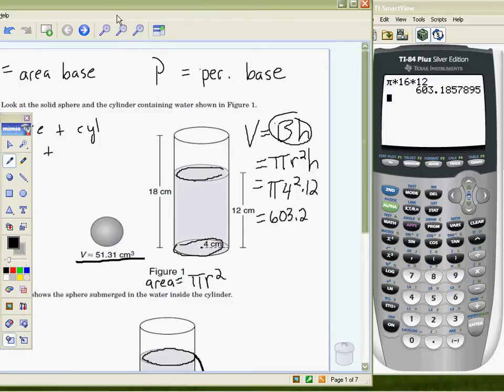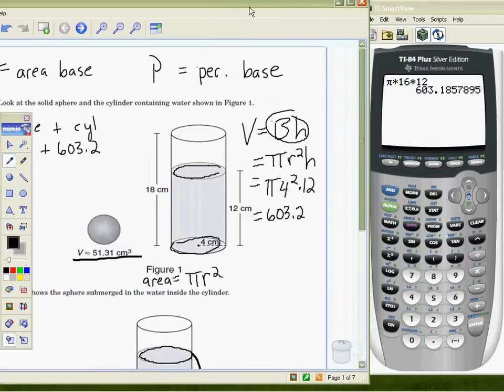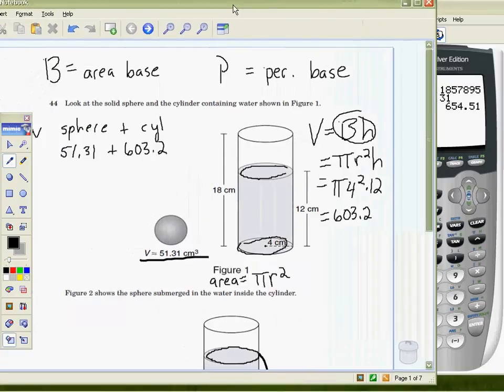So I want to add this 603.2 to the 51.31, and I get 654.5.